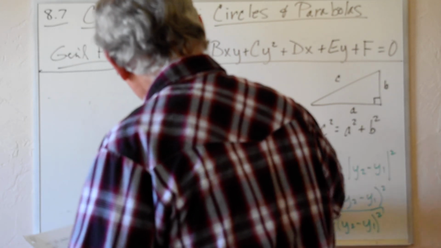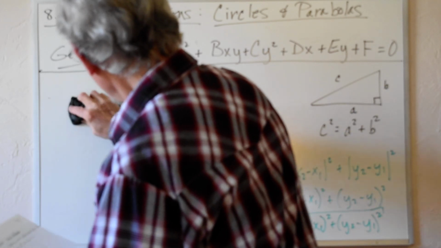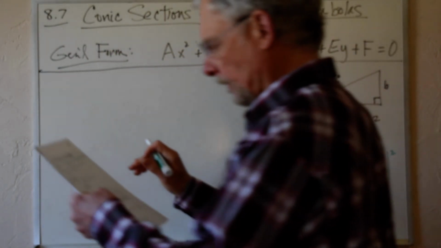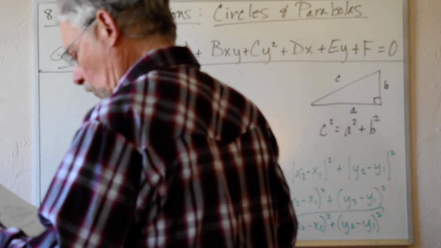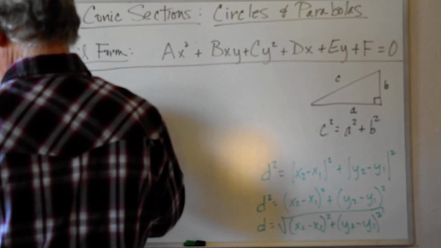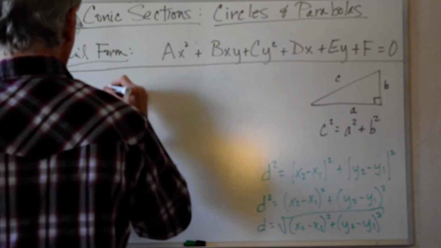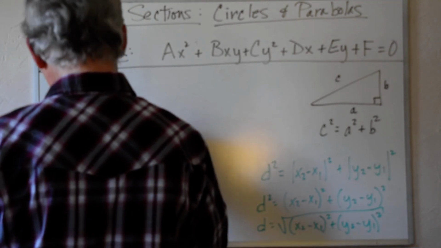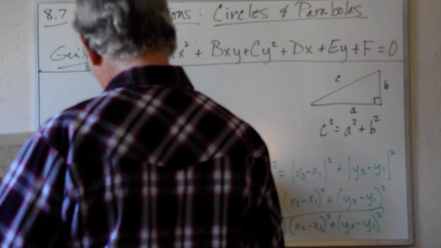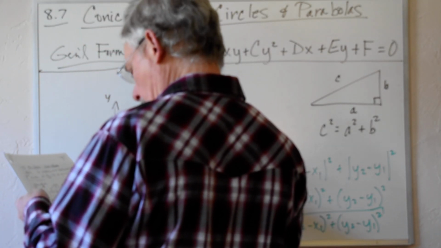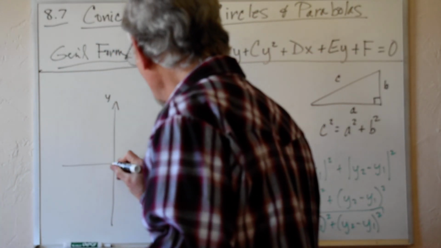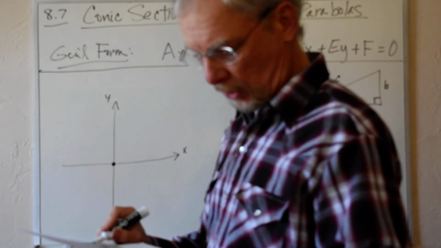All right, we'll give the points coordinates so we can measure exactly where they are. Let me switch back to black ink. Look at figure 8.29. Here is a circle whose center is right at the origin.